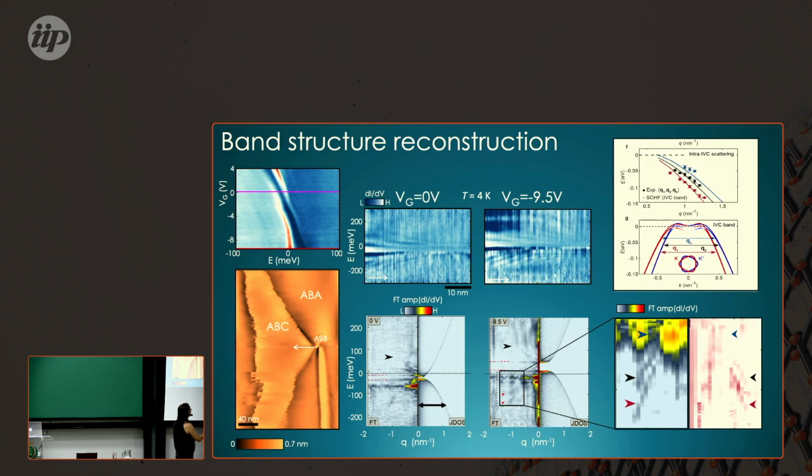This is the data, and below it is the theoretical scattering channel and how that disperses as a function of energy. So altogether, we were able to see also how the band structure is reconstructed due to this interaction.